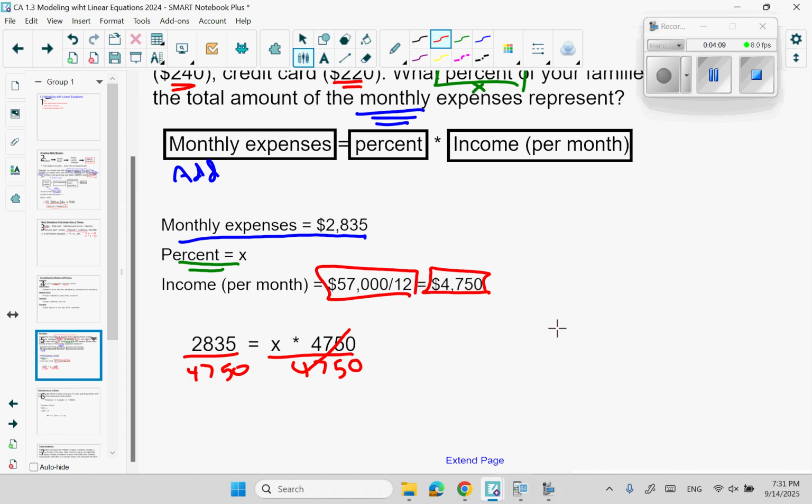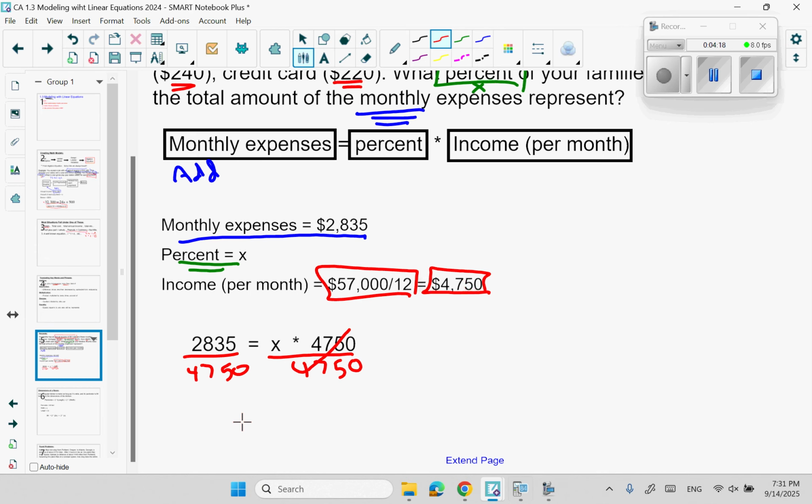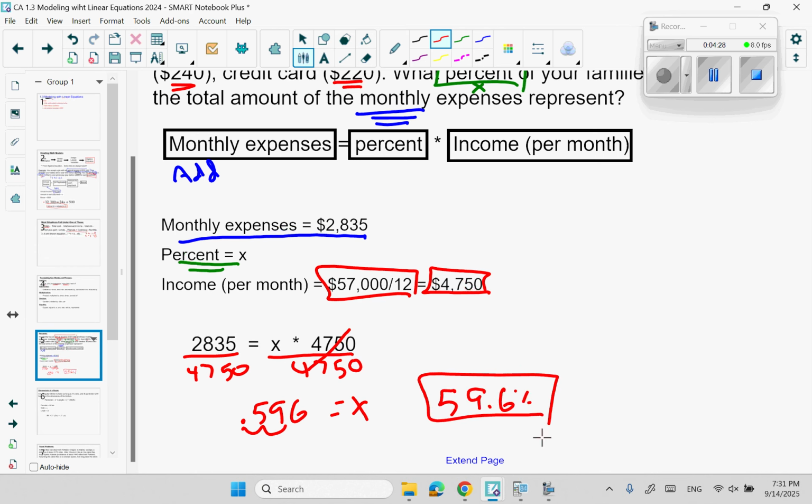Let's see, 2835 divided by 4,750 gives us 0.596. Now, of course, it's asking specifically about percentages, so we're going to move that decimal place over 2, so we'd say 59.6%.